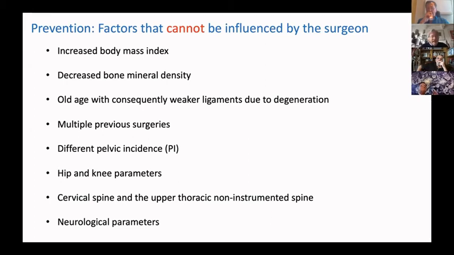And it's the age, the multiple previous surgeries, the difference in the pelvic incidence, the hip and knee parameters, the condition of the cervical spine and the upper thoracic spine, as I showed you, and the neurological parameters.